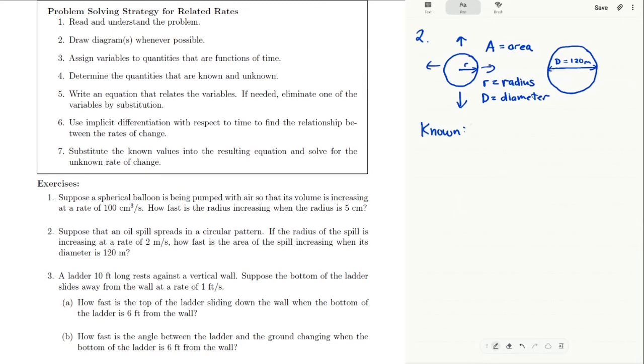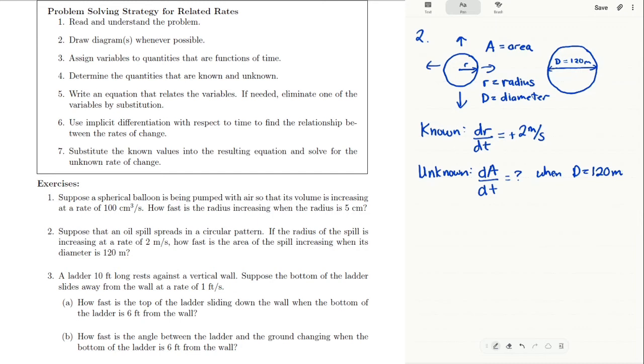As a derivative, this can be represented as dr over dt, and we're given that it is increasing at 2 meters per second. And what we want to look for is how fast the area of the spill is changing when the diameter is 120 meters. So as a derivative, that is dA over dt when the diameter is 120 meters.